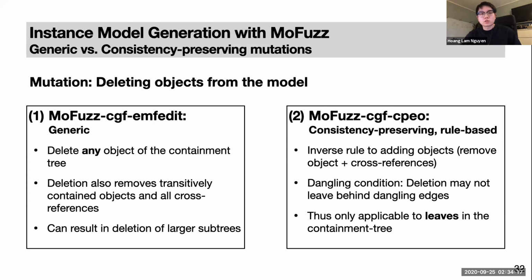On the other hand, using consistency preserving mutations, since they're implemented as inverse rules to adding objects, they can only be applied if deletion does not leave behind any dangling edges, which is also known as the dangling condition. Therefore, deletion using consistency preserving mutations can only be applied on the leaves of the containment tree.